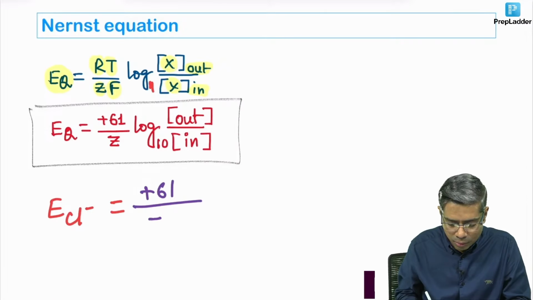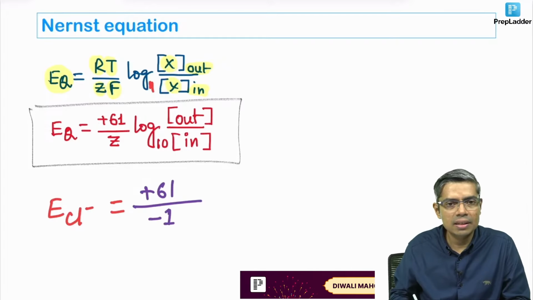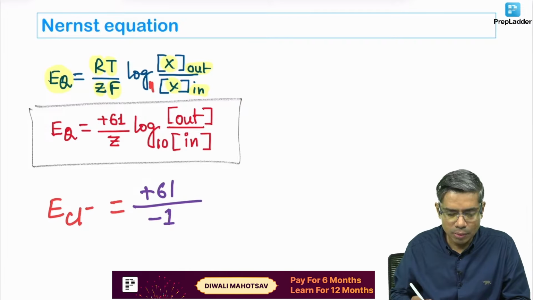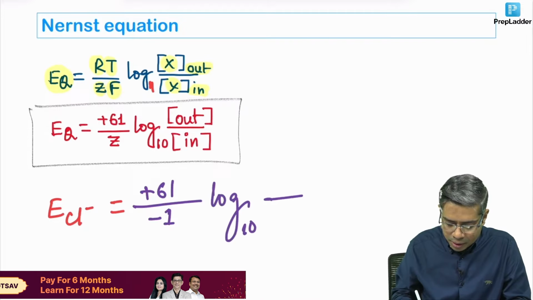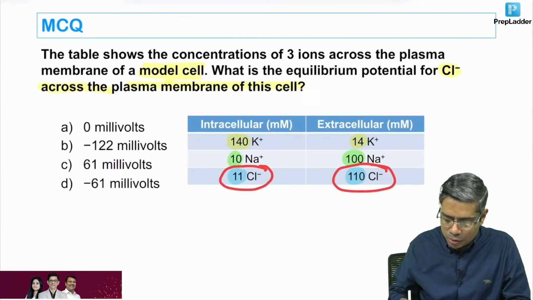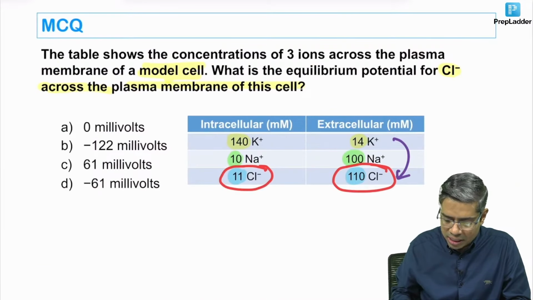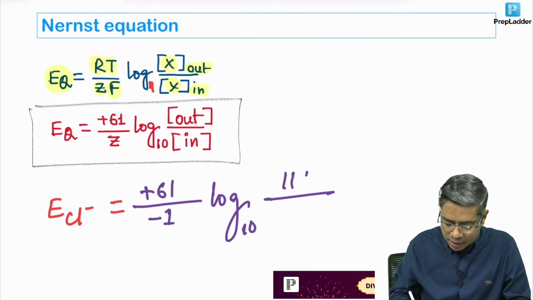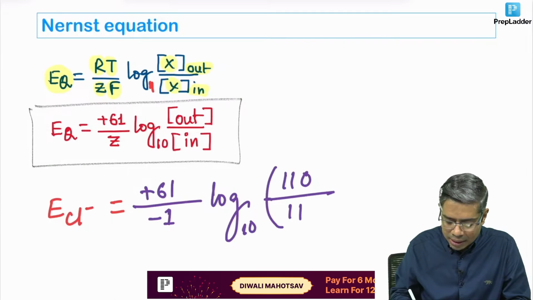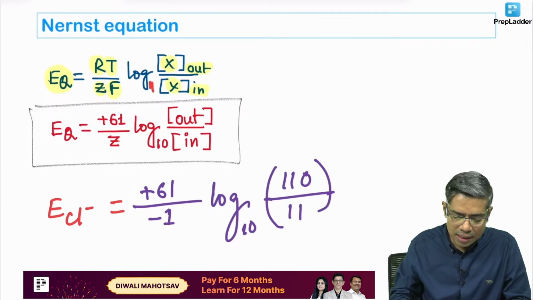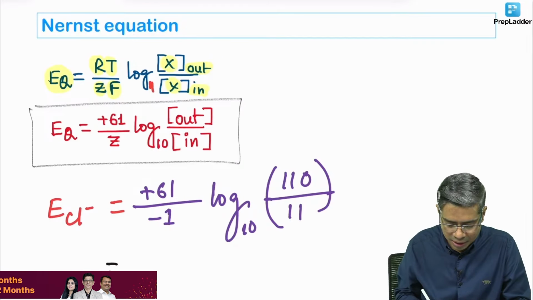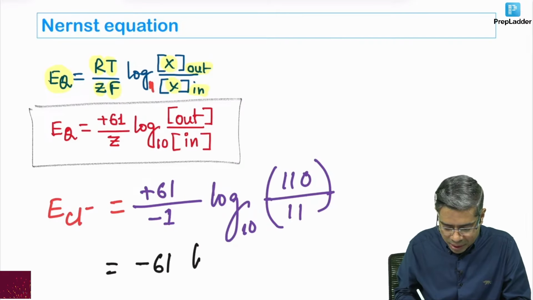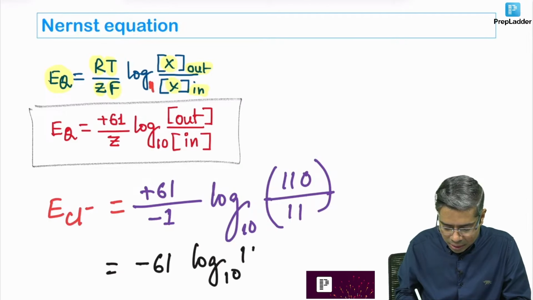Chloride has one charge, but it is a negative charge, so I am putting minus 1. Then log base 10 of the concentration of the ion outside, which is 110, and inside 11. Now I can easily explain why the model cell concentrations have been given in multiples of 10. So this is minus 61 multiplied by log 10 base 10.